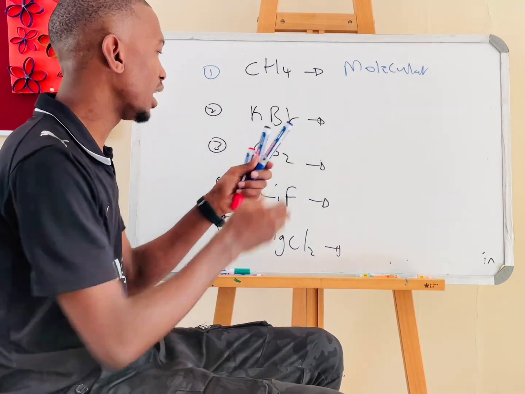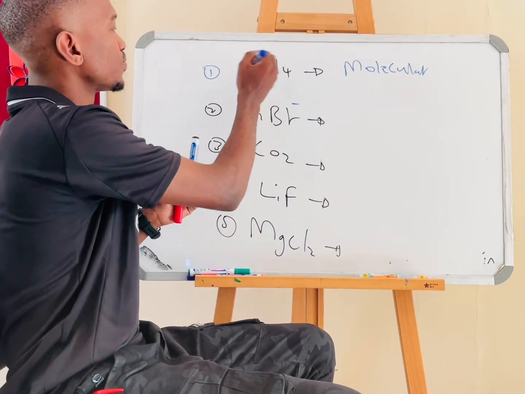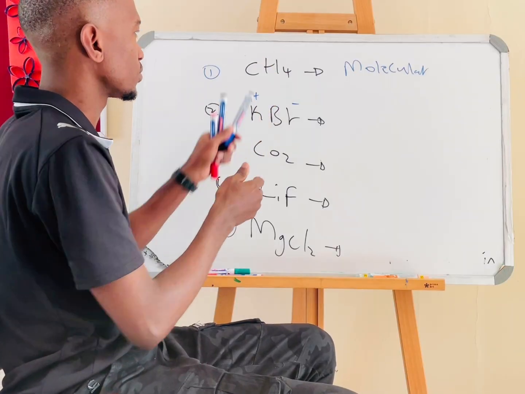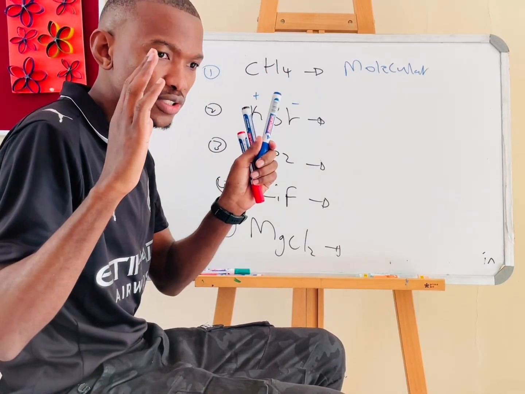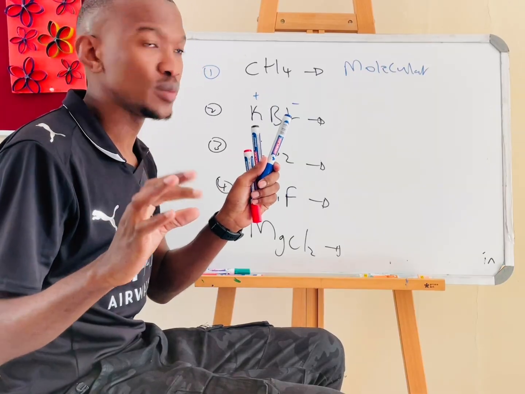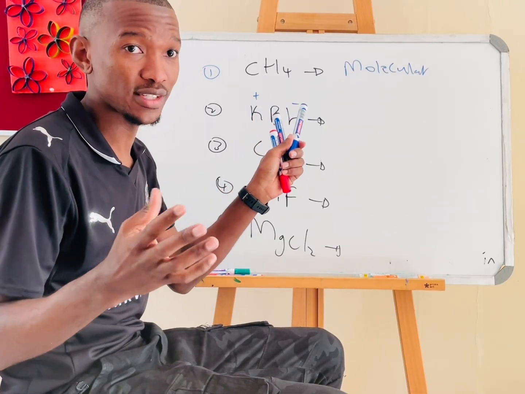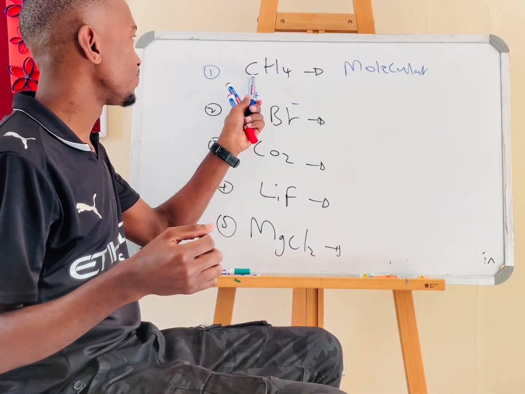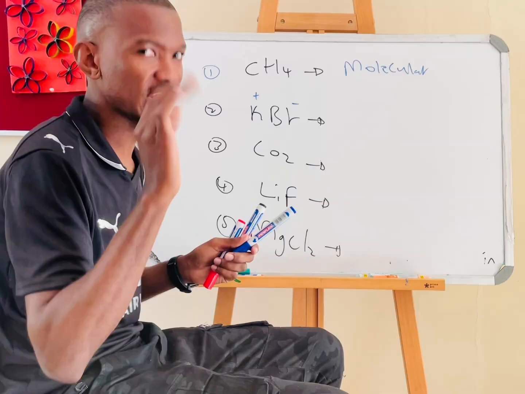Here we have KBr. It's a plus, it's a minus. Okay, for CH4 I don't want to talk about plus and minus because I don't want to make things hard for people, because there you must look at the electronegativity to know which one is minus and which one is plus. In this case, the minus is carbon, and the H is going to be the plus. But yeah.